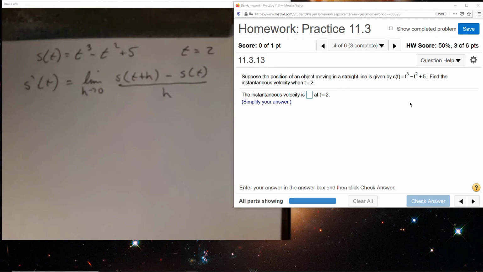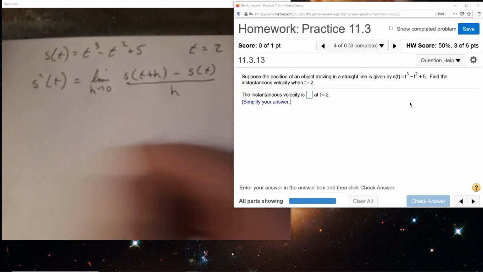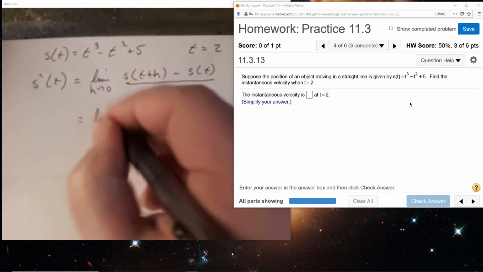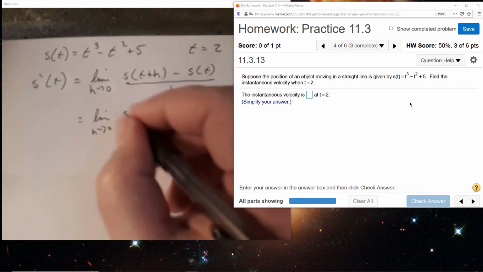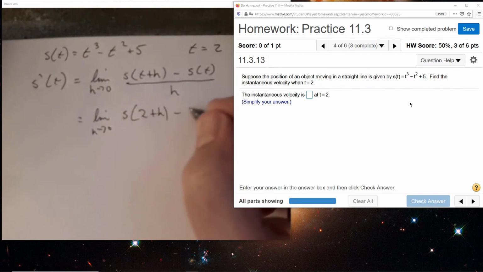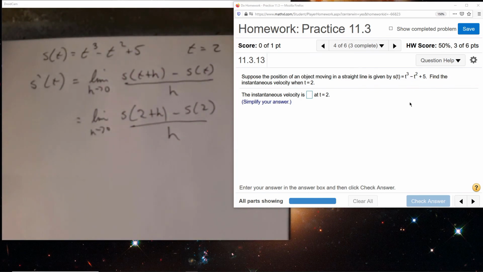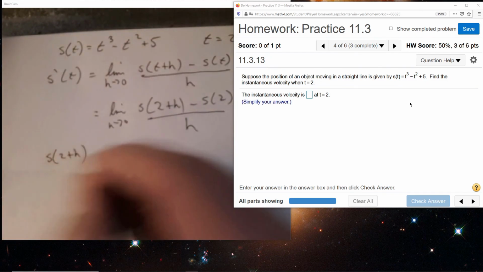Plugging the number in first does save us some work. However, it doesn't get us the derivative function, which is normally what we desire. So, mathematically speaking, when doing calculus, I'm just going to plug in the 2 here. And so we want to figure out, well, what is s of 2 plus h?